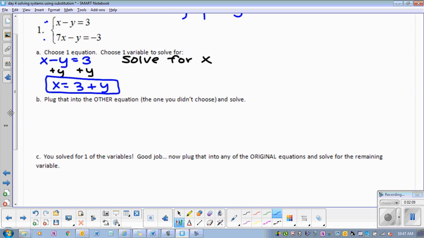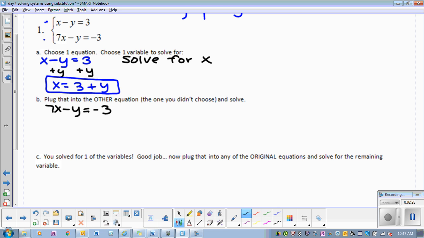Now, the next thing you do is plug this into the other equation, because you can't plug it into itself. The other equation was 7x minus y equals negative 3.